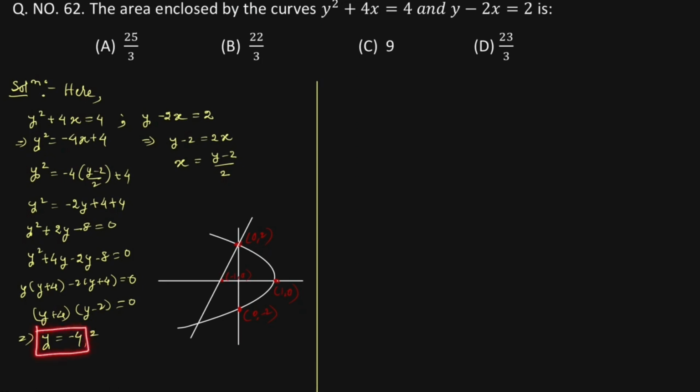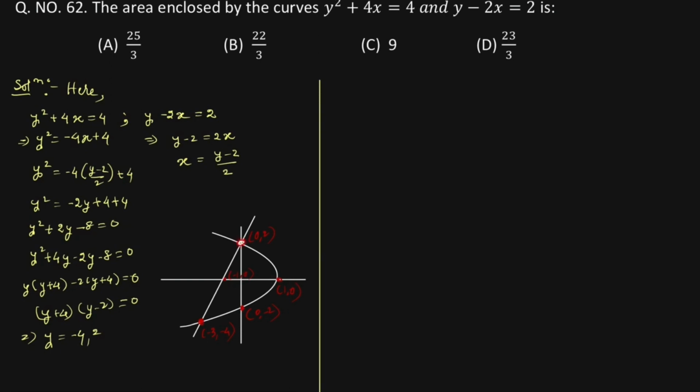Take y equal to minus 4 and put it here, then we will get x equal to (minus 4 minus 2)/2, that is minus 6/2, that is minus 3. So we will get this point, minus 3, minus 4. When we take y equal to 2 and put it here, then we will get x equal to (2 minus 2)/2, which is 0/2 equal to 0. So this point we will get 0, 2.